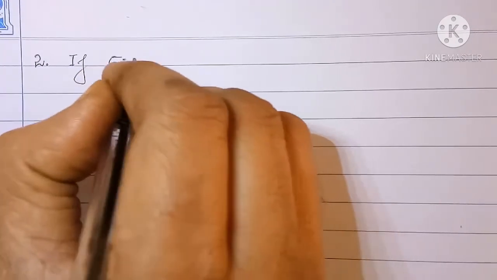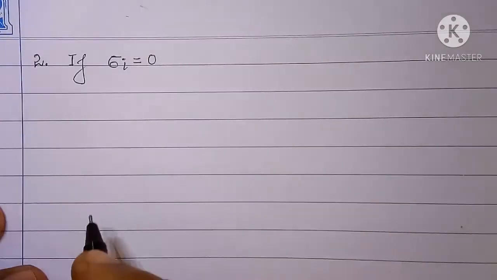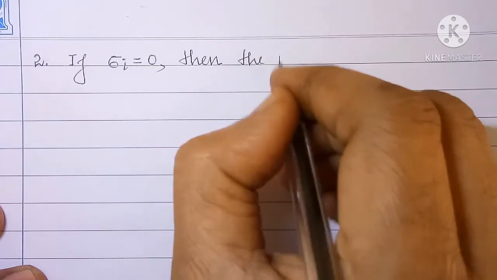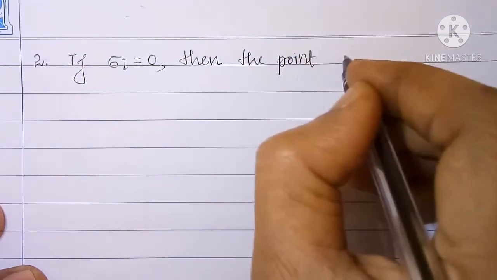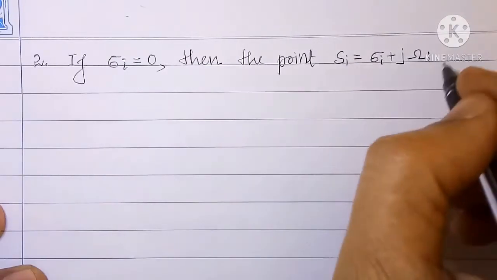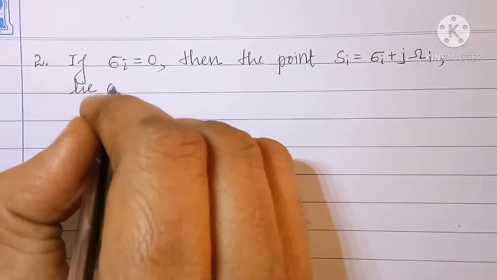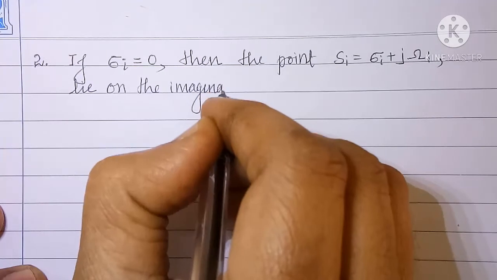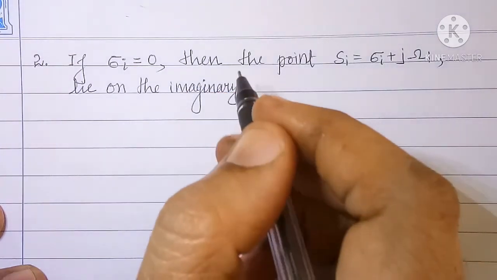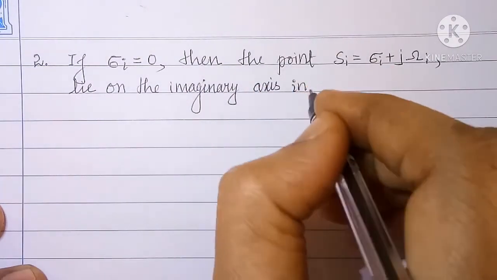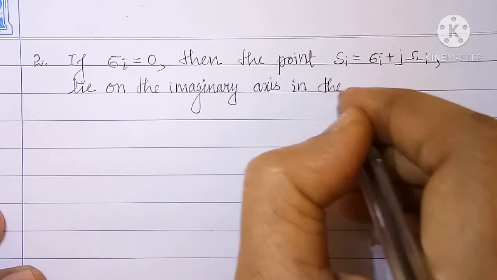Second observation, if sigma I equal to 0, then the point Si equal to sigma I plus j omega I lie on the imaginary axis in the S plane.